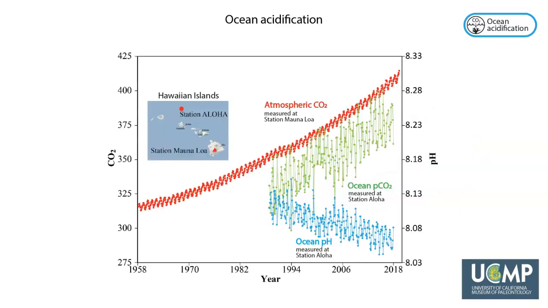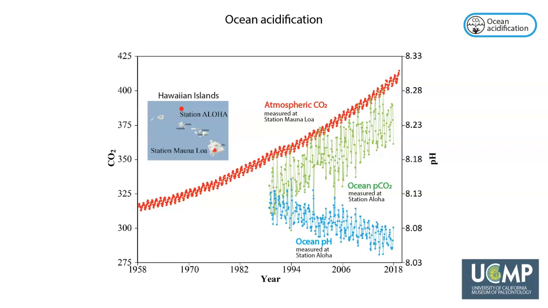As human activities have increased carbon dioxide levels in our atmosphere, here we're looking at ocean acidification as a measurable change. The carbon dioxide levels are the red line on this graph. About a third of that carbon dioxide has been absorbed by the ocean, and that's the green area below.